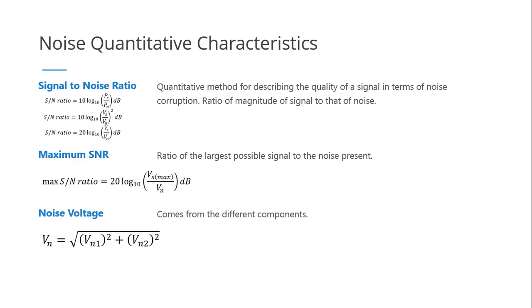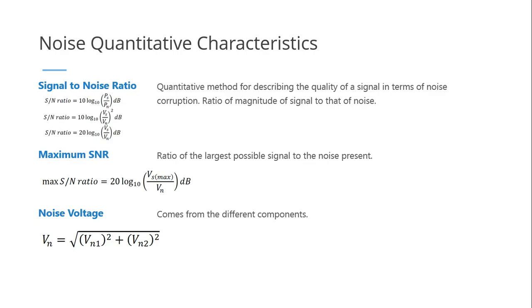Then we also want to know the best case scenario for signal to noise ratio, and that would be the maximum SNR. That would be the maximum signal voltage divided by the noise voltage.